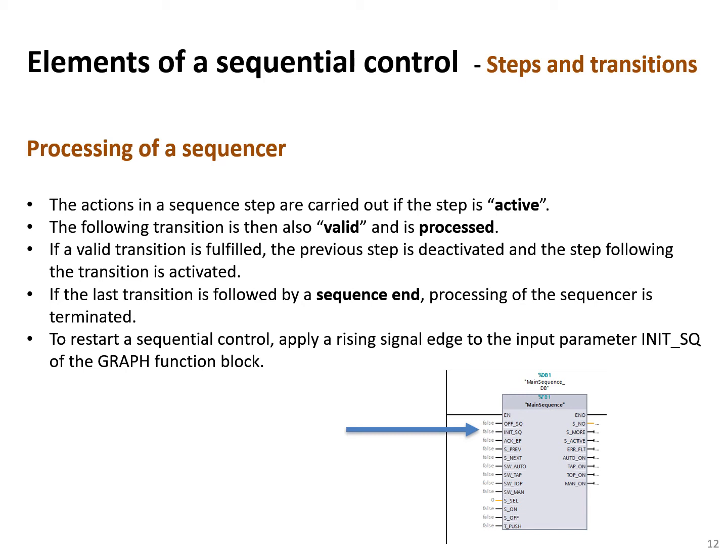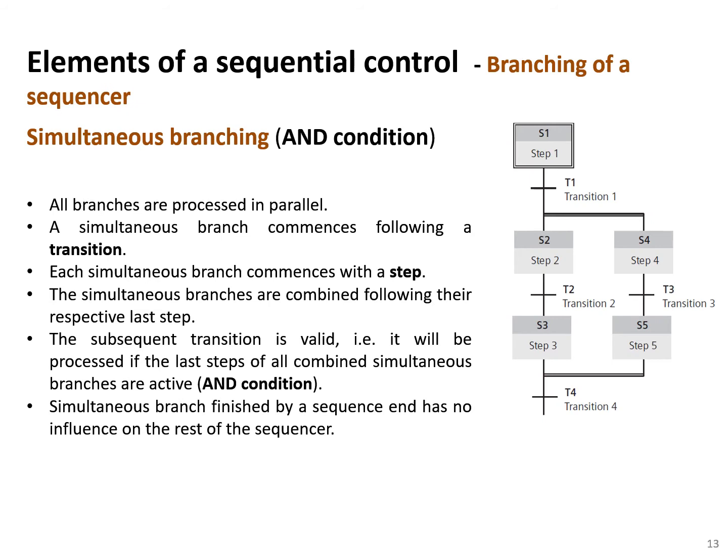It means that we have a false to true signal. Okay, so if the logic here goes true from false, then the function block that contains the sequencer will be called. So here we are inside the function block.